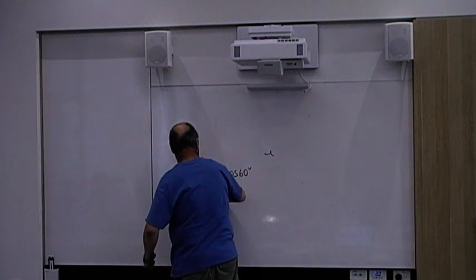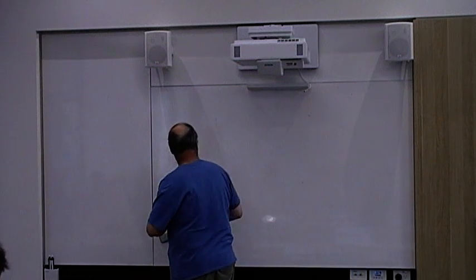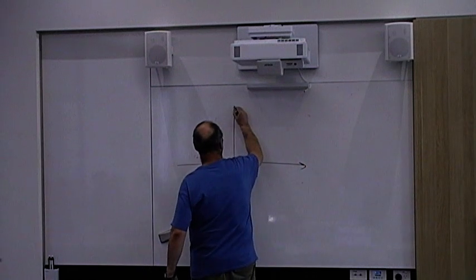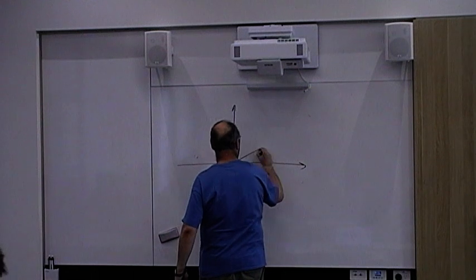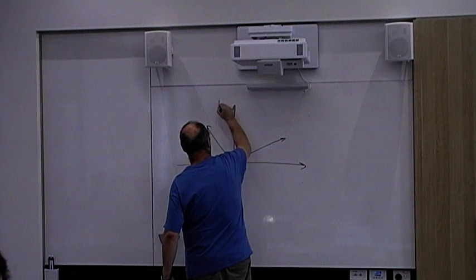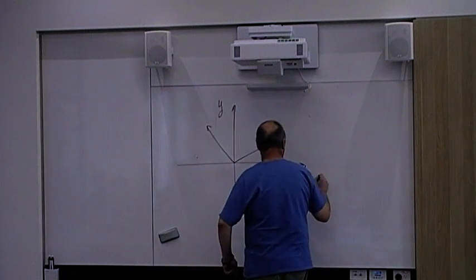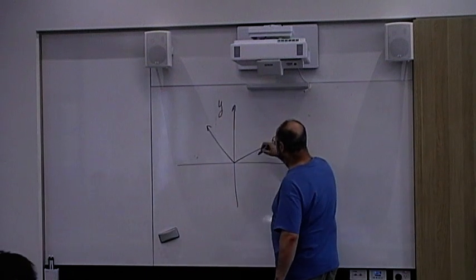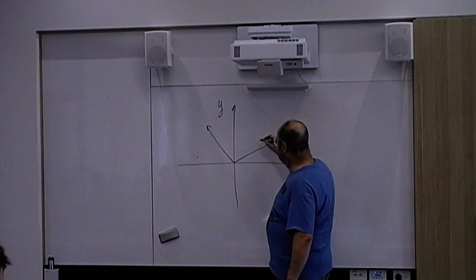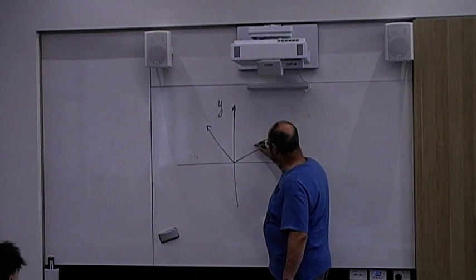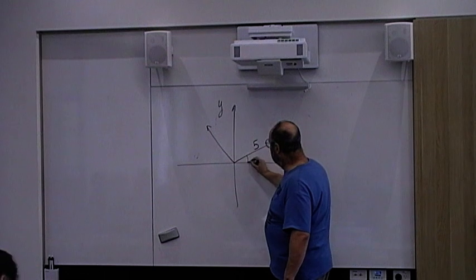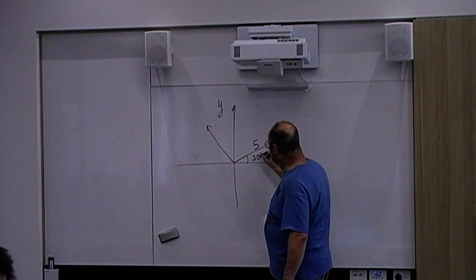If we have two vectors. We have the y-axis, the x-axis, and vector A, one vector with a length of, let's say, 5, and this angle will be 30 degrees.